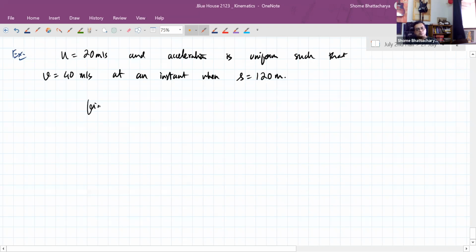So find the acceleration, and the time at which s is equal to 120 meters.